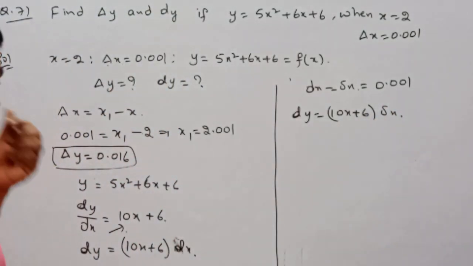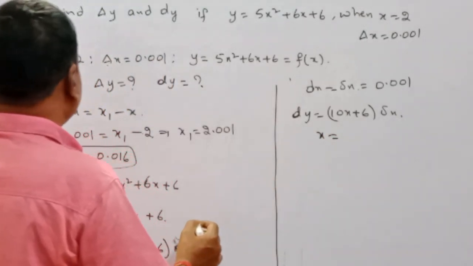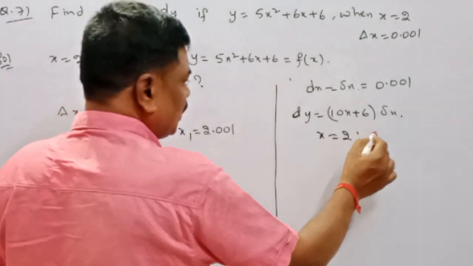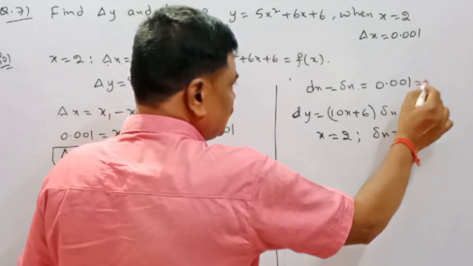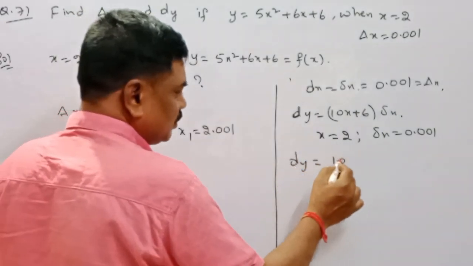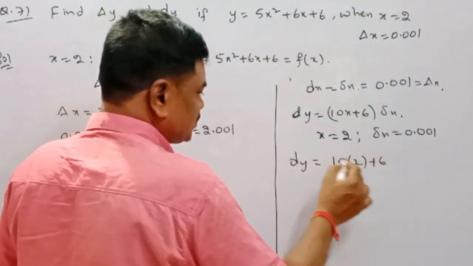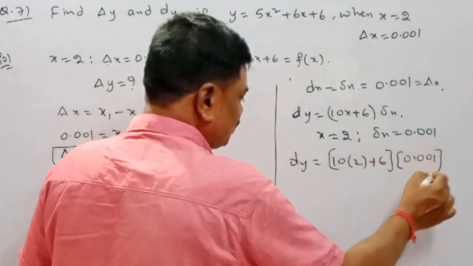Okay, all of you. So here x is equal to 2 and delta x is equal to 0.001. Dy is equal to (10 into 2 plus 6) of 0.001.